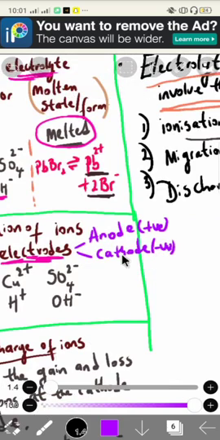The negative will always want to attract the what? Positive. The positive will always attract the what? Negative. Remember that like poles repel, unlike poles attract.